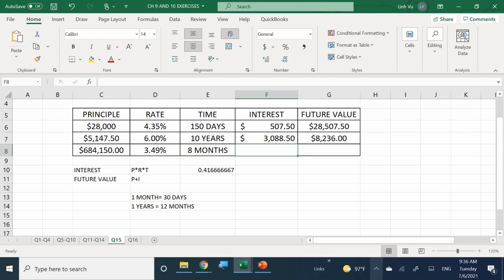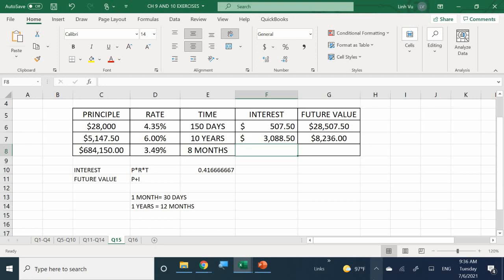I have a question here. On the last question, can we use the normal calculator to get the 8 out of 12, or do we have to use Excel? Yes, you could do it on a regular calculator.